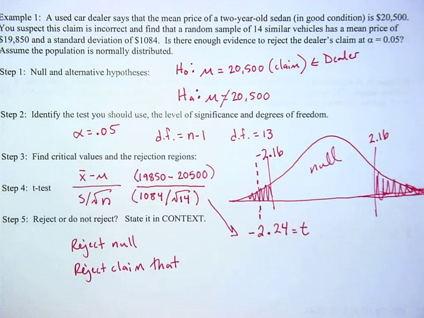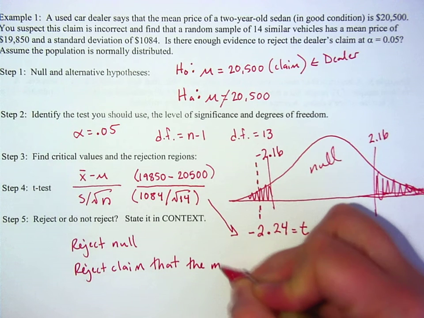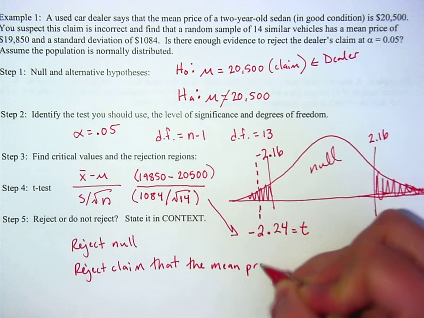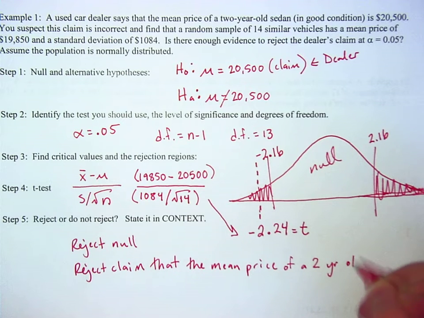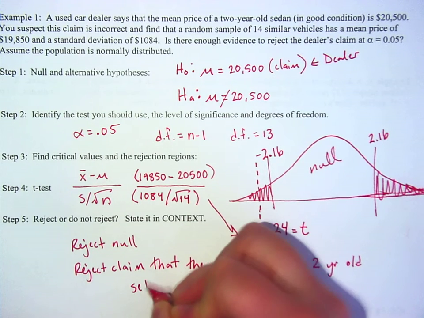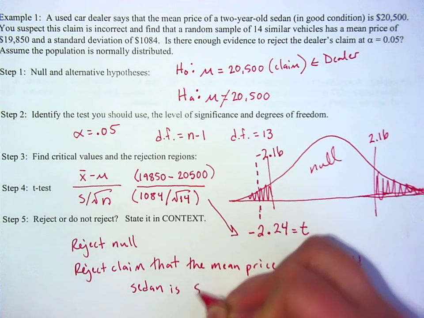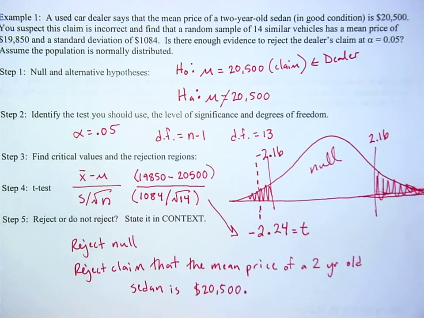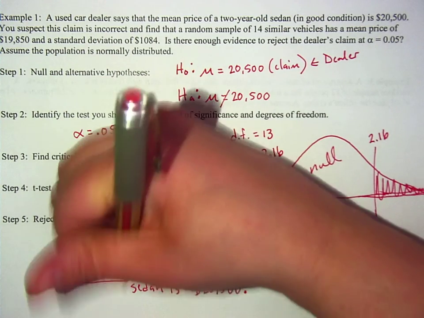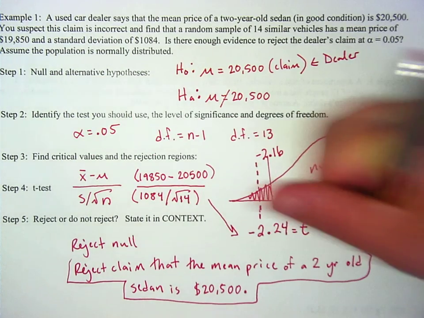So we're rejecting the claim that the mean price of a 2-year-old sedan is $20,500. Do you guys understand how this sentence right here clears up exactly how you did the problem?